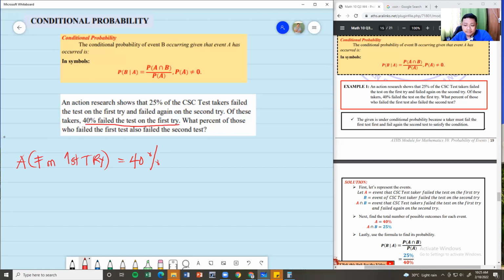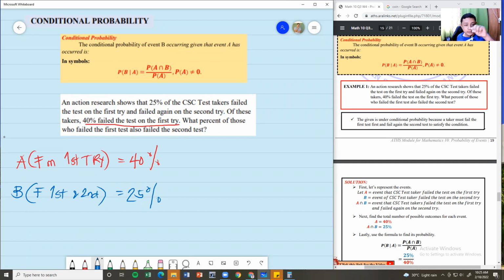And now, let event B be failed on the first and then failed on the second. That's our event B. Failed on the first and on the second, and they are just 25%. So what percent of those who failed the first test also failed the second test?